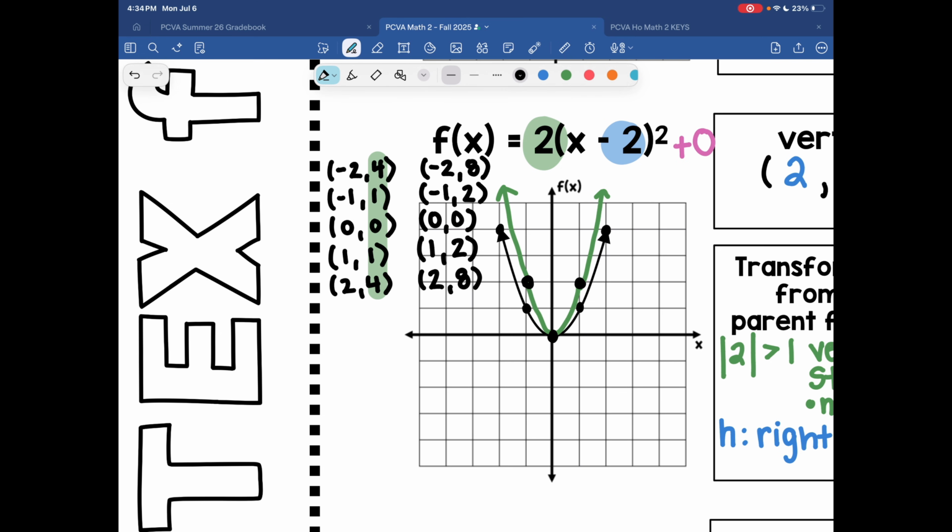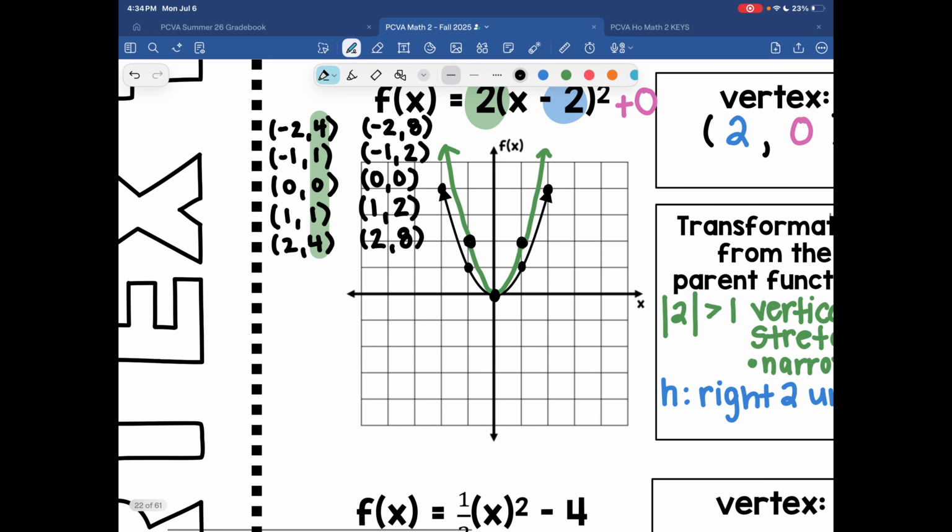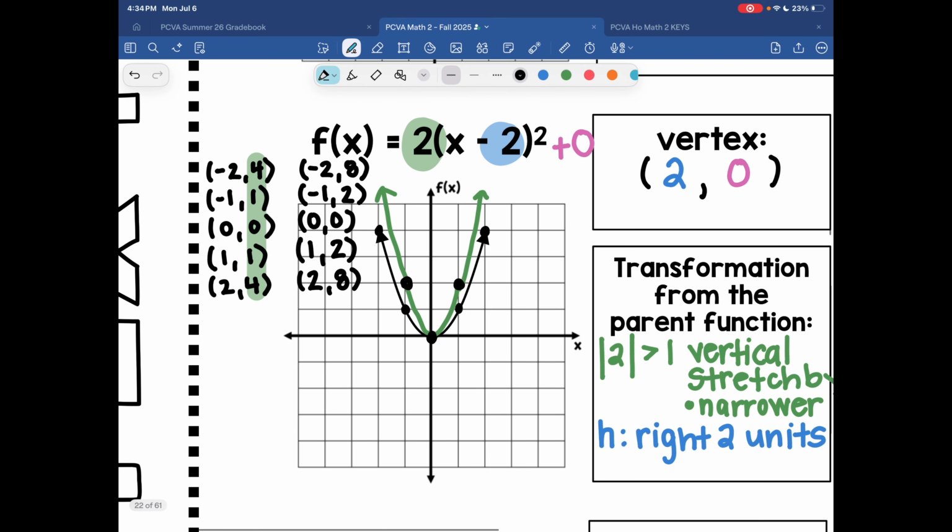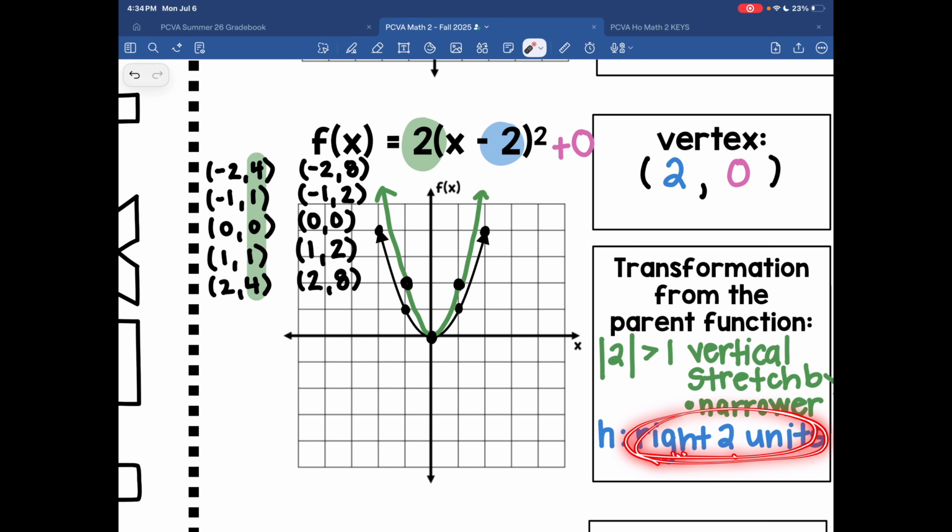Okay, so you're always going to do the a first. Then after you do the a value, you're going to apply your left and right with the vertex. So because we're looking at this problem 2, 0, that means that we're going to go to the right 2 units. We're not going to go up or down, we're just going to go to the right 2. So from here, I'm going to go to the right 2, and there's my new point.